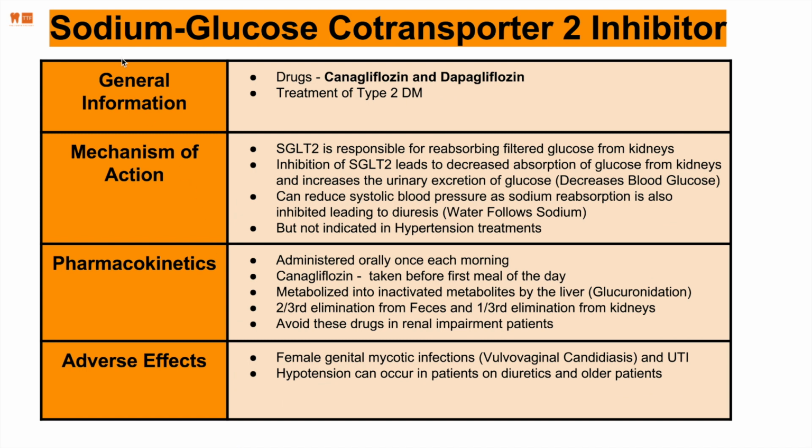And lastly, sodium glucose co-transporter inhibitors. Now, this is another enzyme, another molecule, another signal. What does it do? Let's find out. Generally, the drugs such as the flozins, canagliflozin, dapagliflozin, are used in the treatment of type 2 diabetes mellitus from this classification.